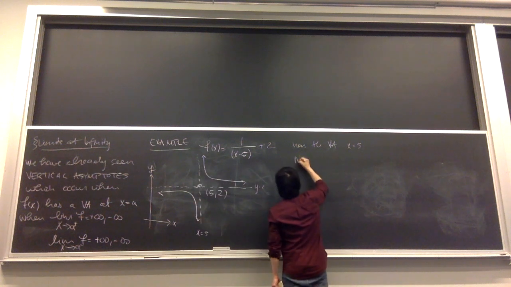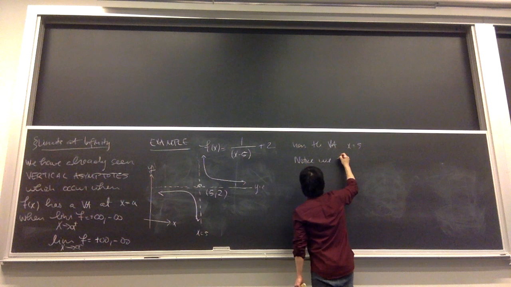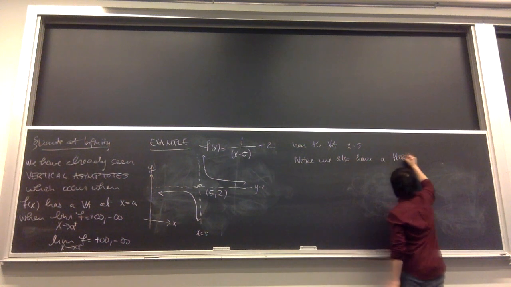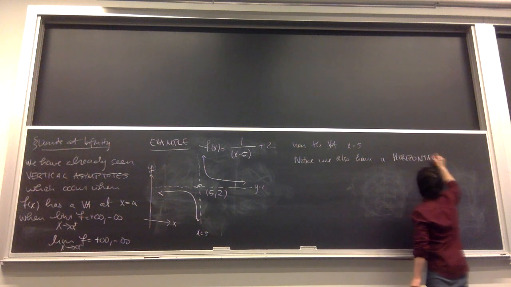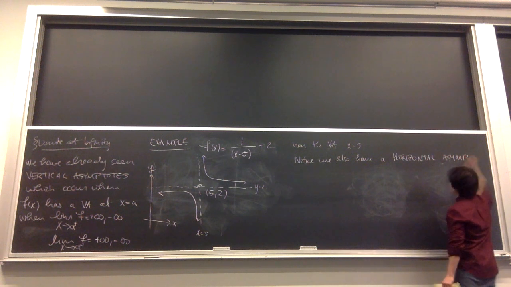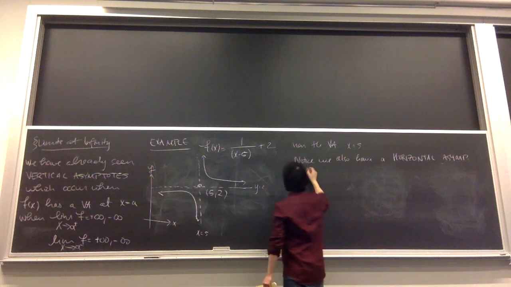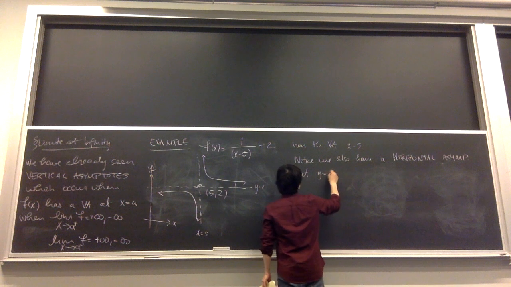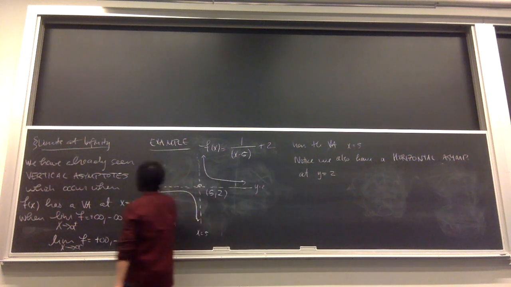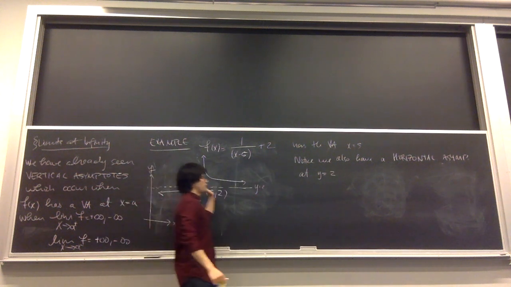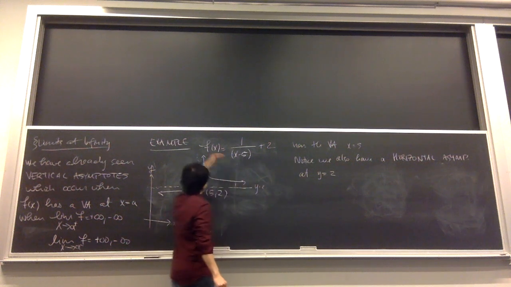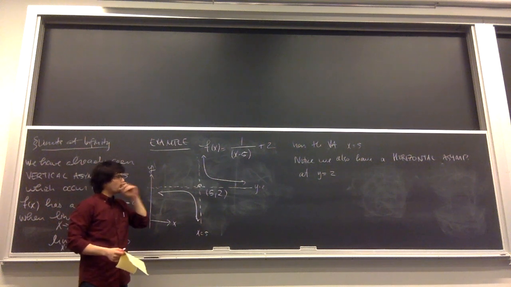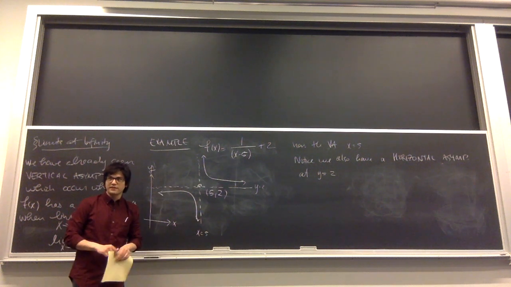We also have a horizontal asymptote, described by y equals 2, because as we look down the axis to infinity, we see that the graph is limiting to it. So give me the algebraic description for what the horizontal asymptote should satisfy.